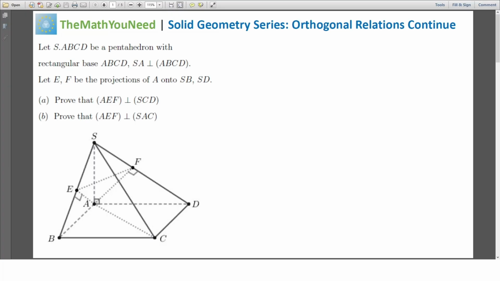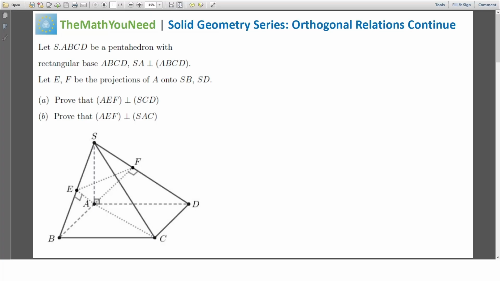Okay, moving on. So we have BC is perpendicular to SA by given, right? Because by given, SA is perpendicular to the base plane ABCD, so for sure SA will be perpendicular to BC.